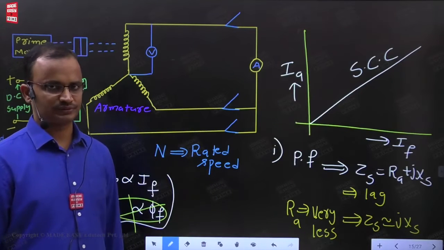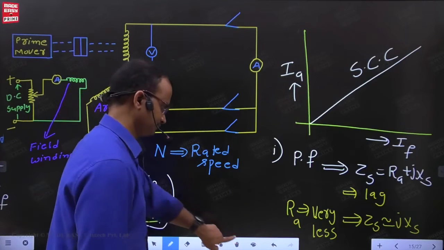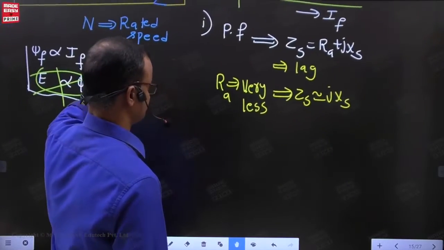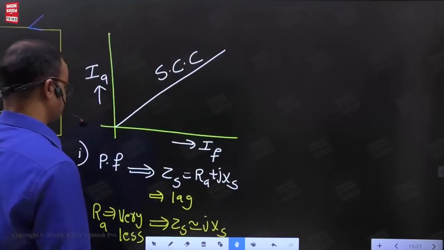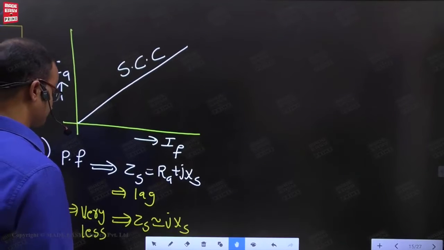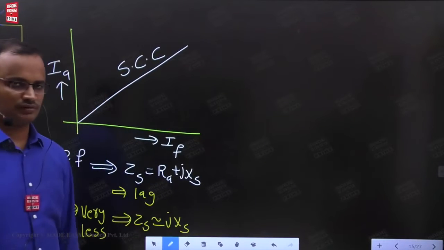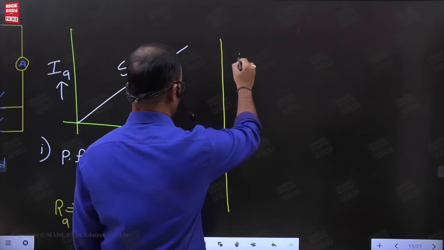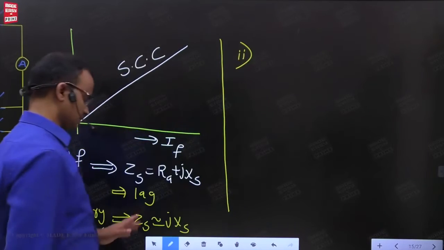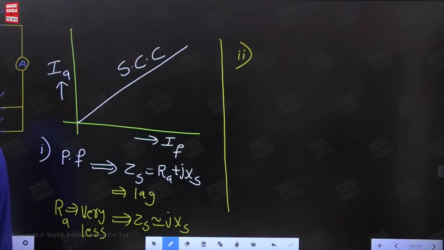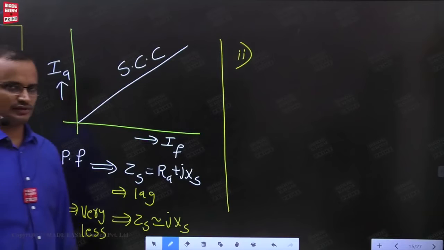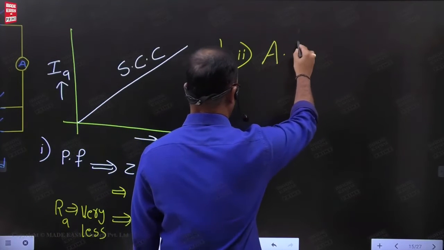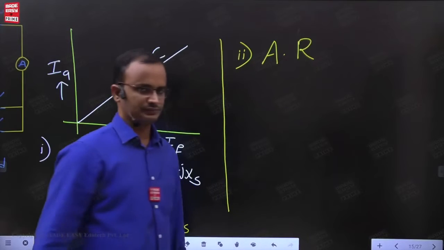So this is one objective question. Come to one more question. One question was the nature of power factor, lagging. And the second question they are asking is, what is the nature of armature reaction in the short circuit test?